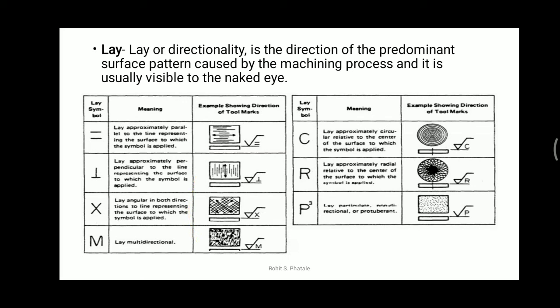So the first symbol for lay is parallel. Here is the meaning of this symbol, and here is the example showing the direction of the tool marks. When we want the lay approximately parallel to the line representing the surface to which the symbol is applied, then we draw this symbol on the surface so that the machinist will do this type of machining.